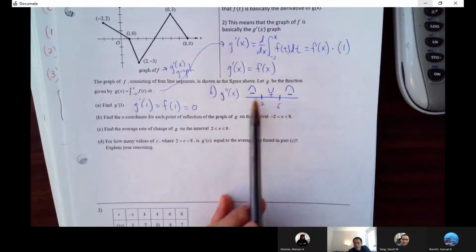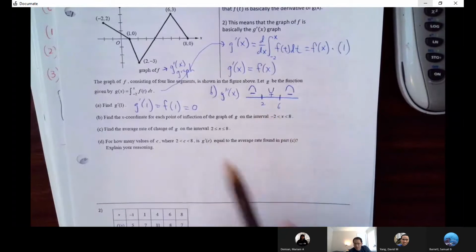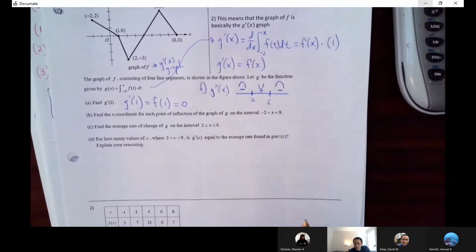So we can say that because there's a change in sign at these critical points, we have points of inflection at 2 and at 6, because g prime changes from decreasing to increasing or from increasing to decreasing.